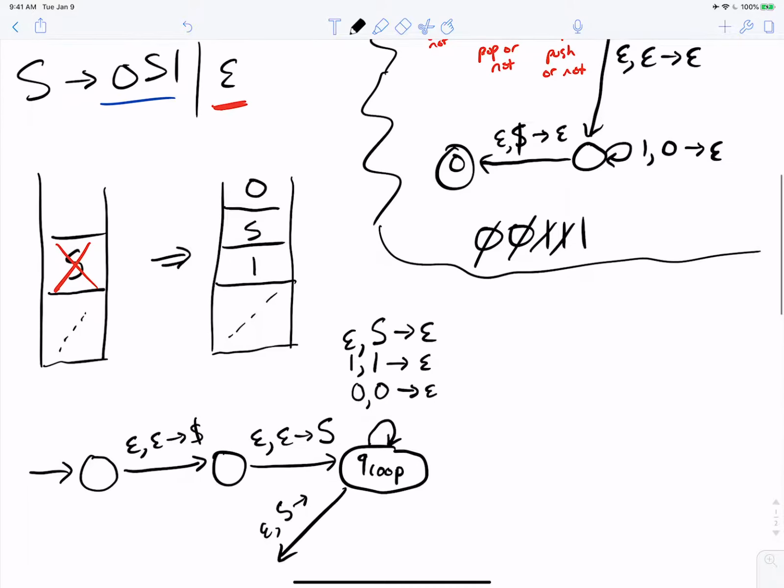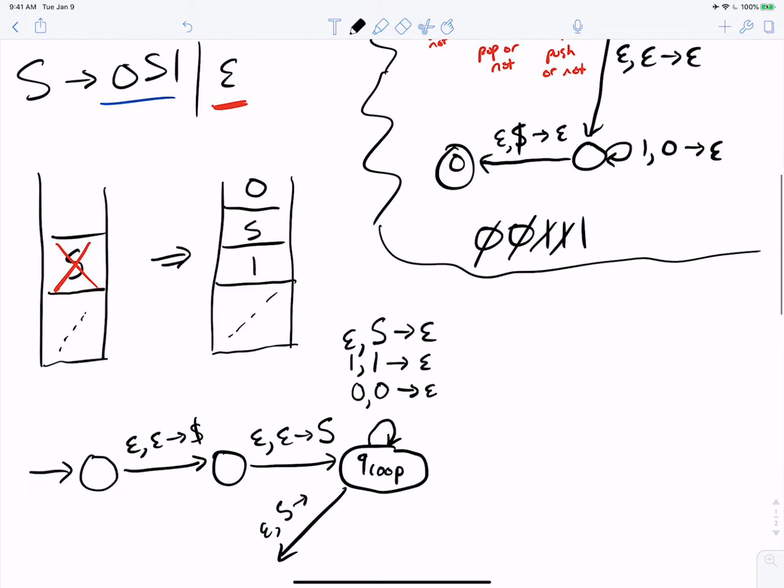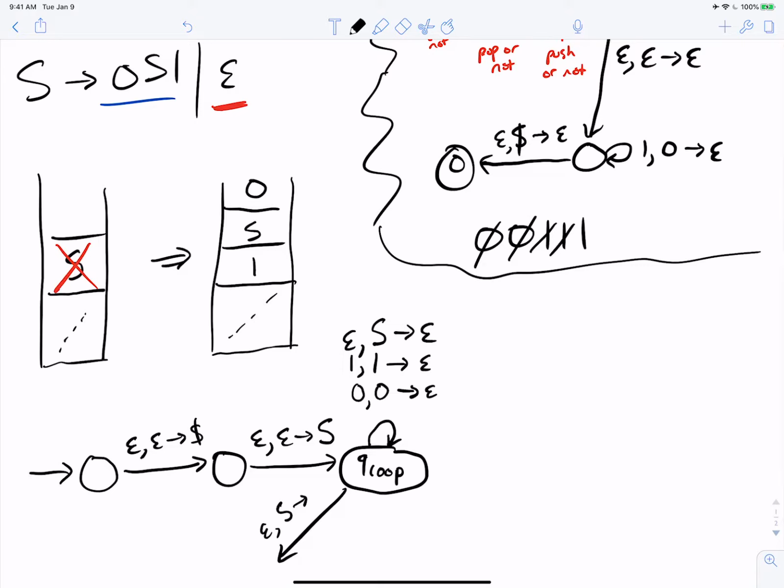So what does that tell us here? Which thing should we push first? The 1. So when we're doing this conversion, we're always pushing the right-hand side of the rule backwards. So it's always the last character of the right side you push first, because you want the left character to be at the top of the stack eventually.